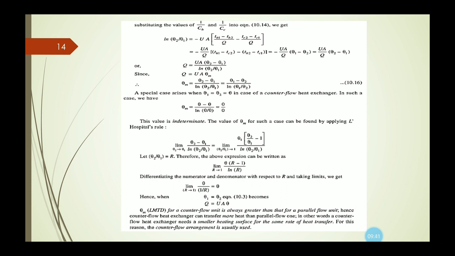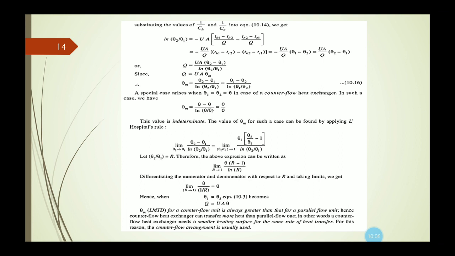So that means we are getting Q equals UA (theta 2 minus theta 1) divided by ln theta 2 by theta 1. But we know that Q equals UA theta m from the heat exchanger analysis part. So that means the theta m, that is the logarithmic mean temperature difference, we are getting as (theta 2 minus theta 1) divided by ln theta 2 by theta 1.